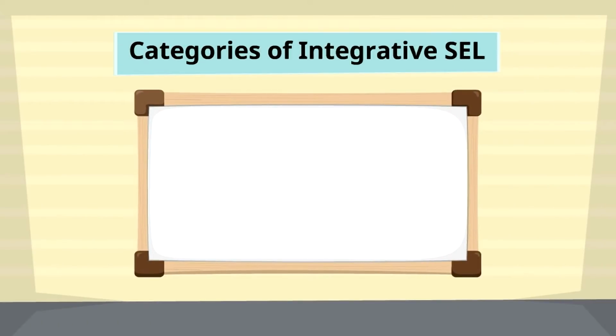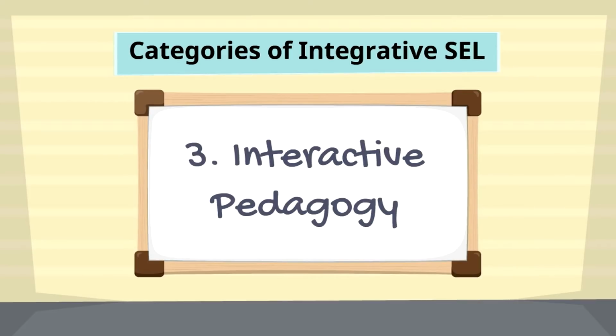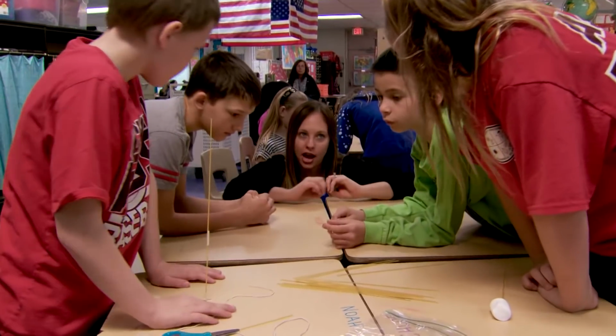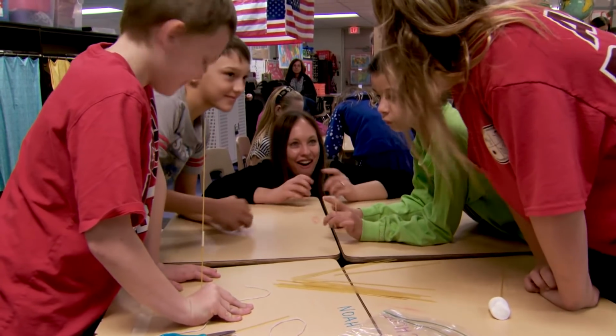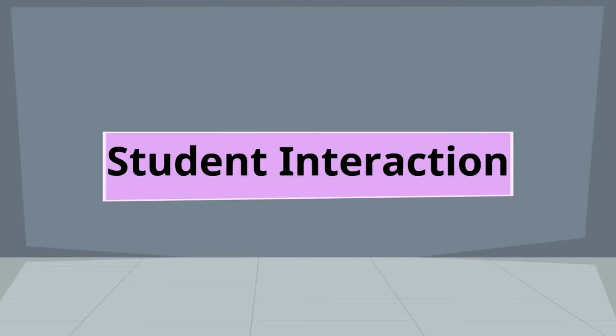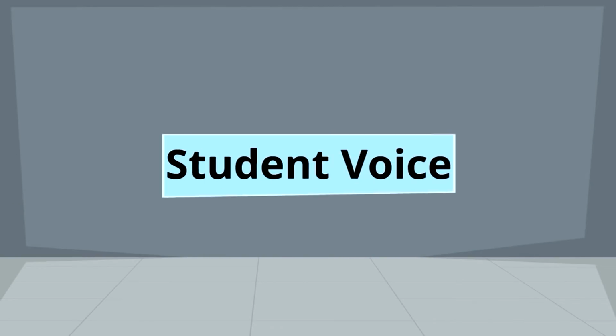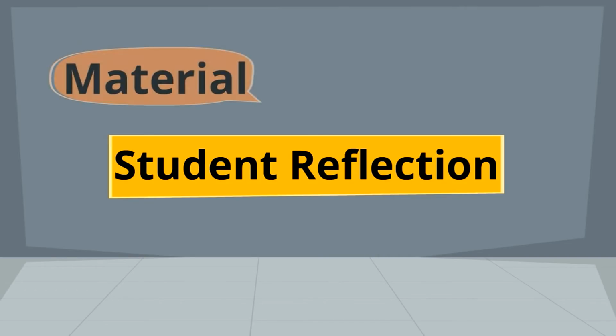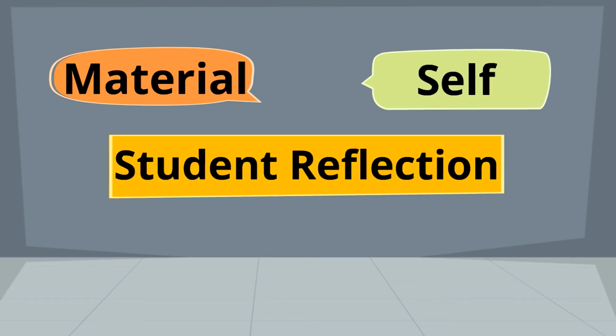The third aspect of integrated SEL is the interactive pedagogy, or method of teaching. It allows for well-facilitated classroom discussions, student self-assessments, partner work, and student voice. So if you were to walk into a classroom where SEL is integrated into the day, you would see experiences and lessons where students are interacting a lot with each other, that the student's voice is as present, if not more present, than the teacher's voice, that the students have opportunities to deeply reflect on the material, on their own social emotional competence, on ways in which the material relates to their personal lives.